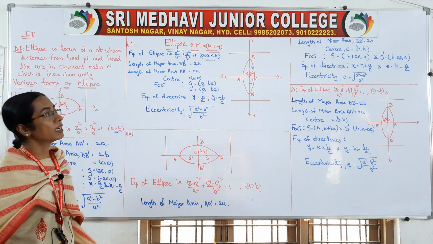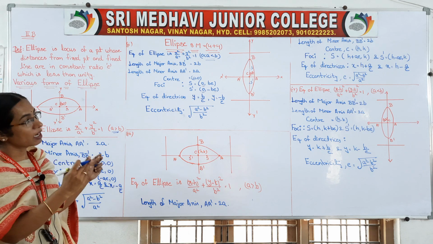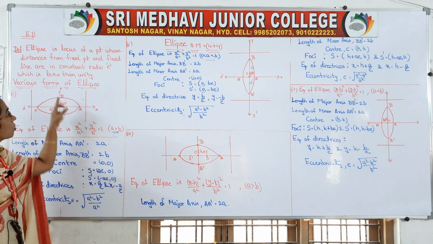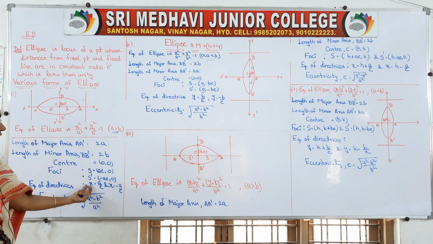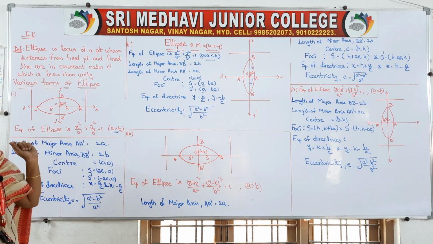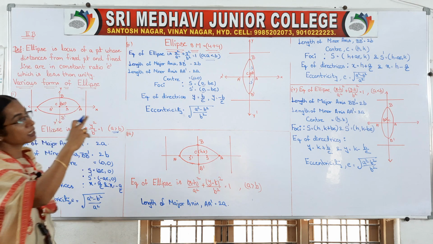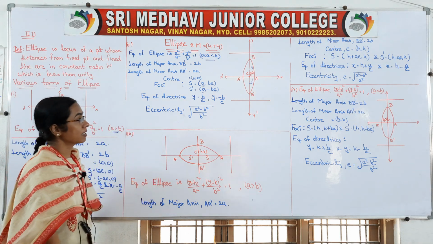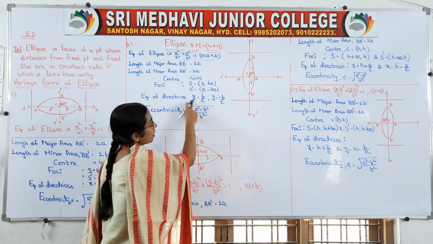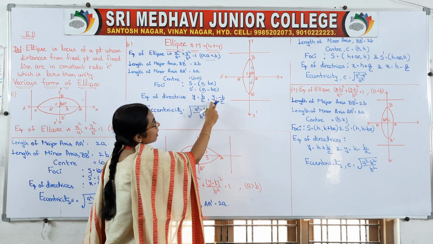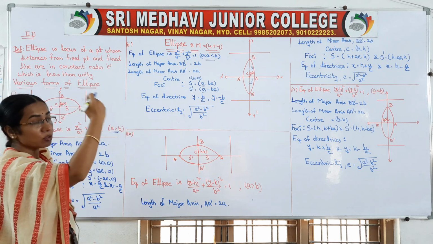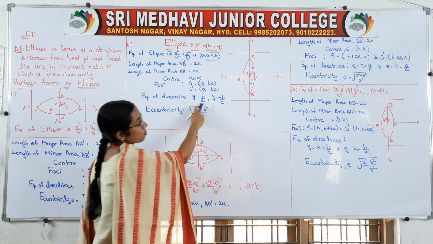Okay, and see the directrices above and below. In the first case the directrices are parallel to the y-axis, that's why we got equations x is equal to a by e. Here your directrices are parallel to which axis? The x-axis. That's why your equations are y is equal to b by e and y is equal to minus b by e. One directrix is above the x-axis, that's why it is positive.